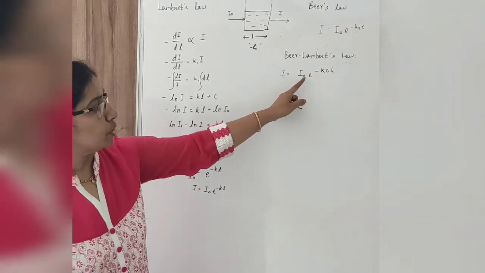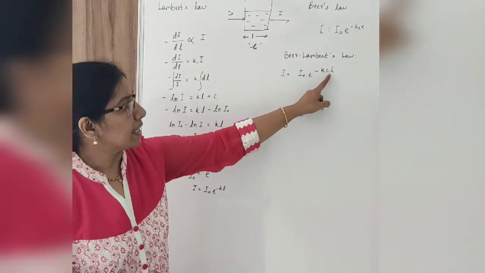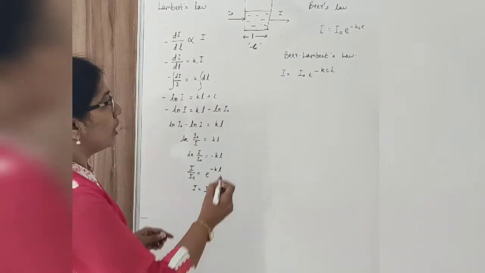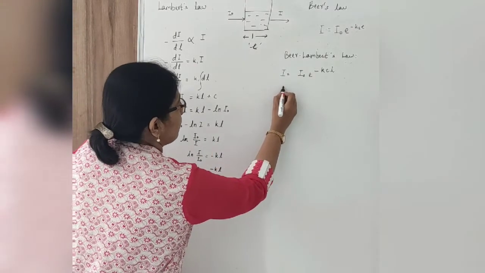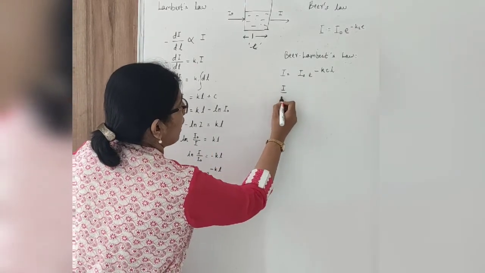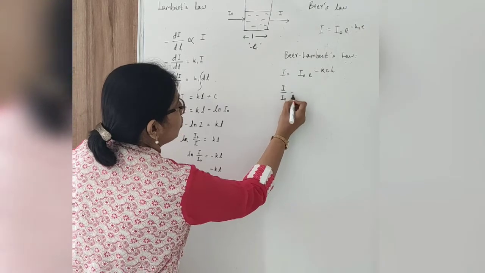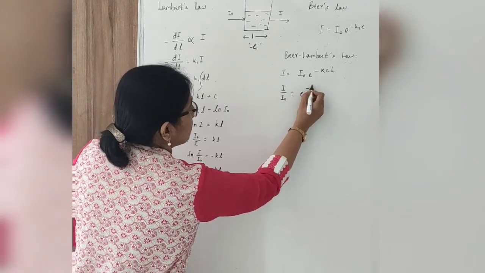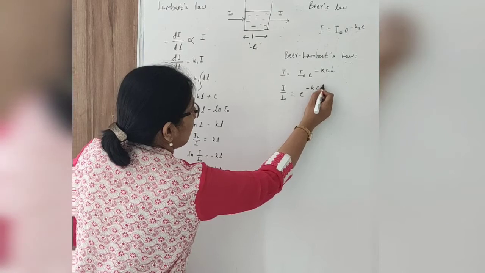Now this is I is equal to I0 e raised to minus KCl, Beer-Lambert's law. Now we can write the same as I upon I0 is equal to e raised to minus KCl.